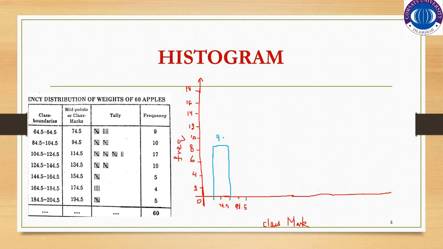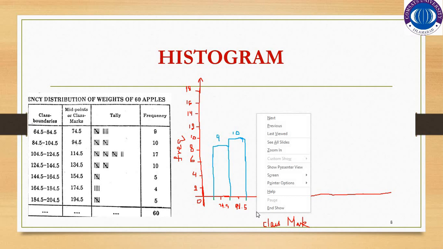Here we have 10. It will come here, and the height of the rectangle is the frequency of this particular class, which is 10.